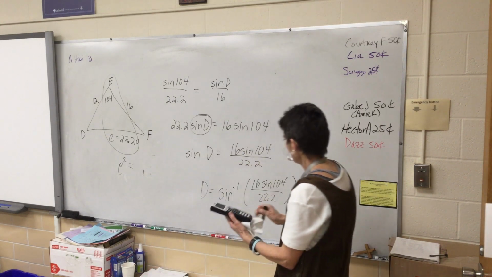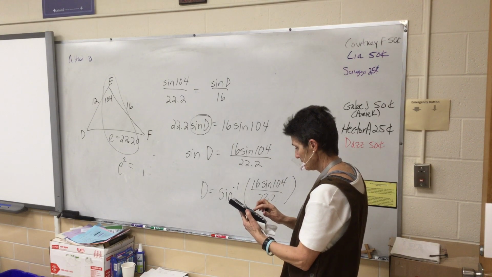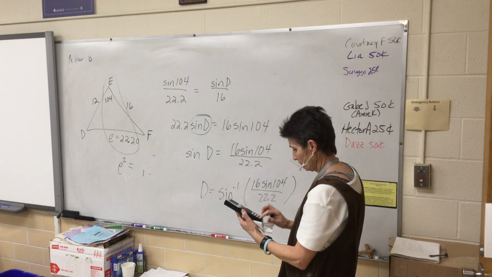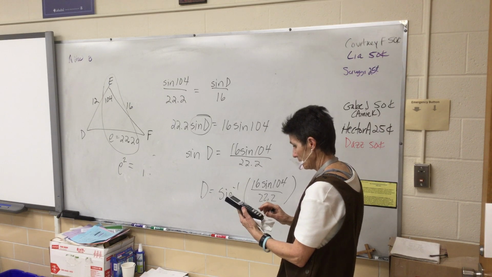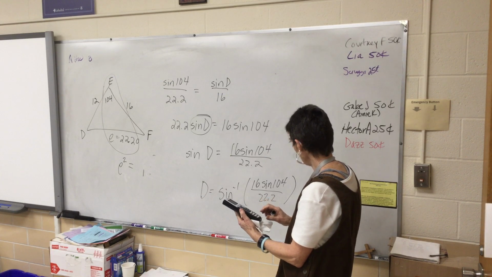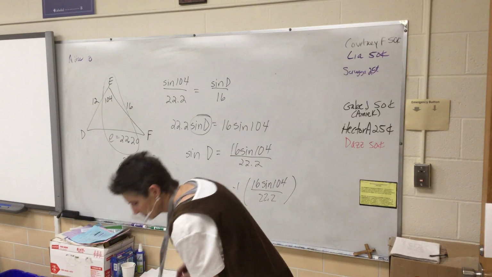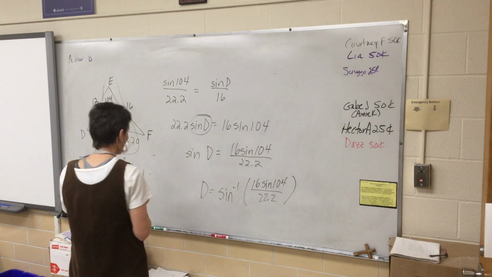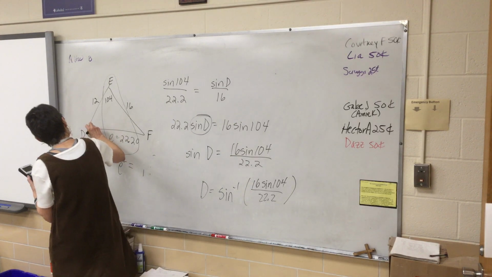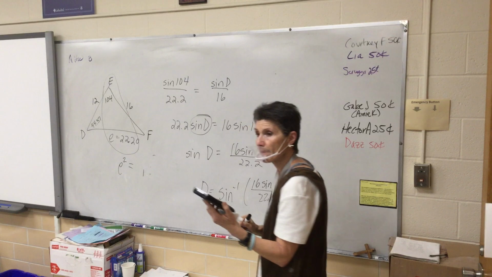So here we go. Second sine, 16 sine 104, close parentheses, divided by 22.2. Did you get 44.37? Yeah. Good.